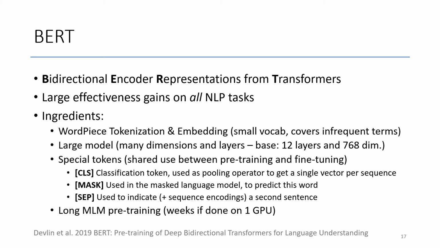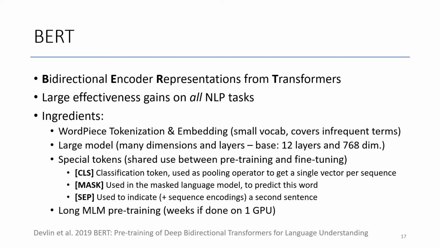word piece tokenization. So again, we have a small vocabulary that covers infrequent terms by splitting them up into pieces, but very frequent terms get their own representation. So it's not like every word gets split up, but only the infrequent ones get split up.